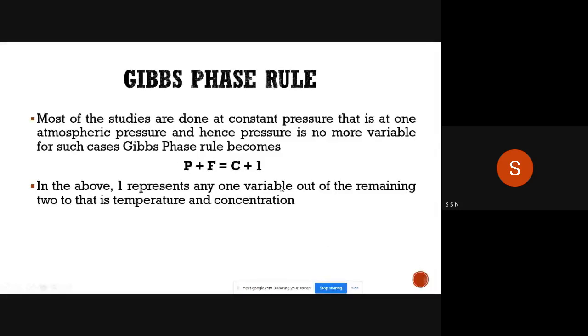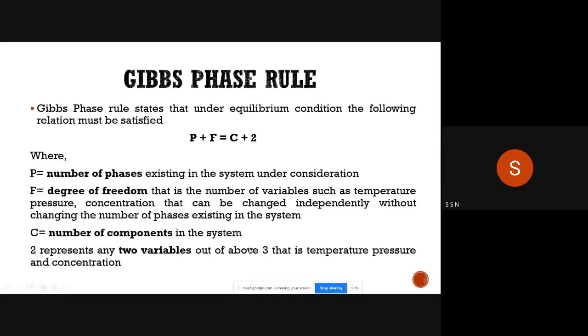So for pure metal, definitely it is only one component. For alloys of two metals, there will be two components. For alloys of three metals, C will be 3. So C is the number of components in the system. 2 represents the two variables out of the above 3, that is temperature, pressure, and concentration.